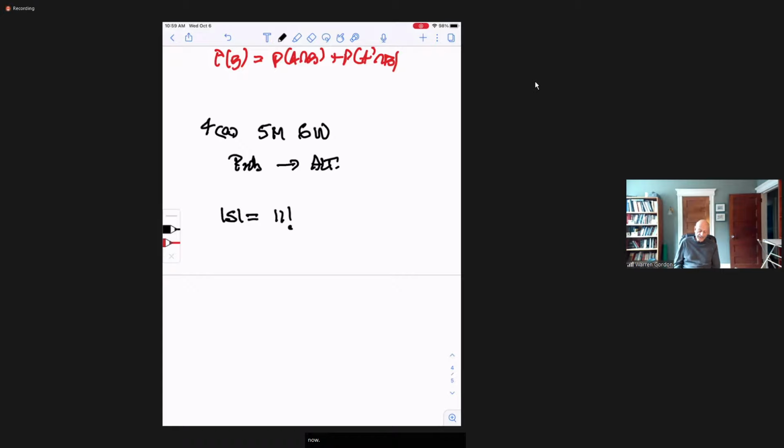Now, if A is the event that they alternate, notice 1, 2, 3, 4, 5, 6. I don't have enough room here. Let me do it in the next line. 1, 2, 3, 4, 5, 6, 7, 8, 9, 10, 11. Notice I have 6 women and 5 men, which means I don't have enough spaces for both of them to alternate.